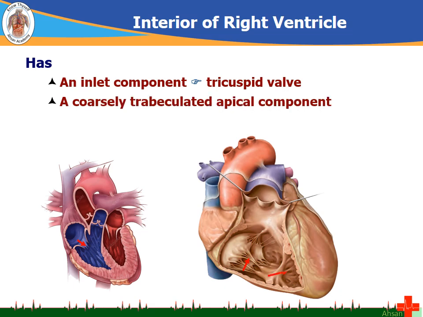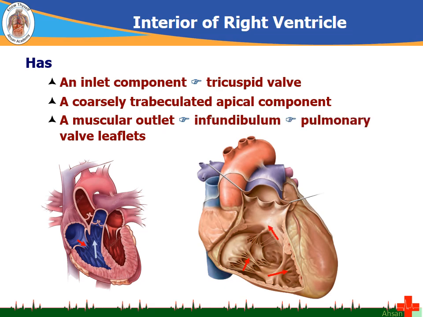Then the main part of the compartment is coarsely trabeculated and closer to the apical part, and then blood enters into the pulmonary trunk through a muscular outlet. This is known as the infundibulum, shown by the third arrow in the right upper part.